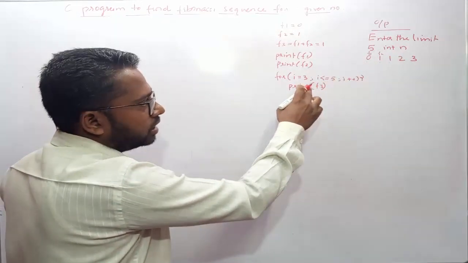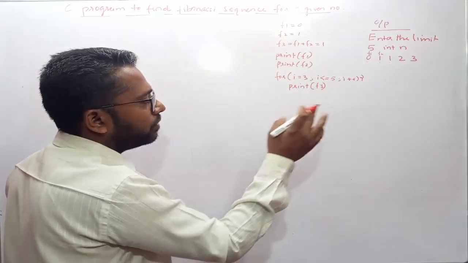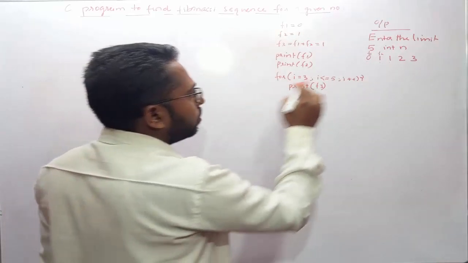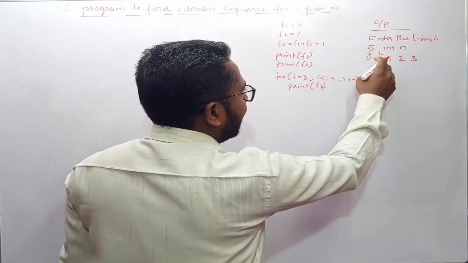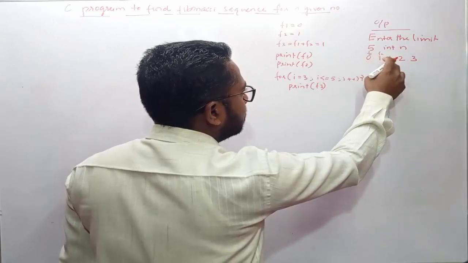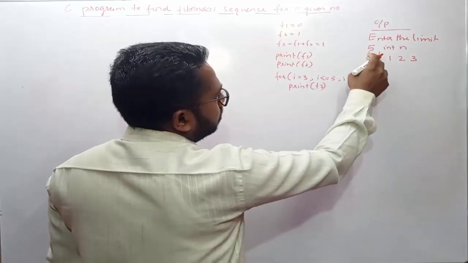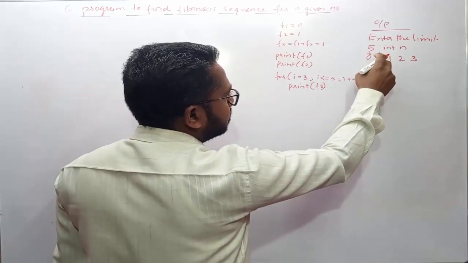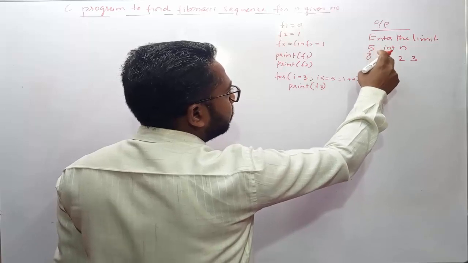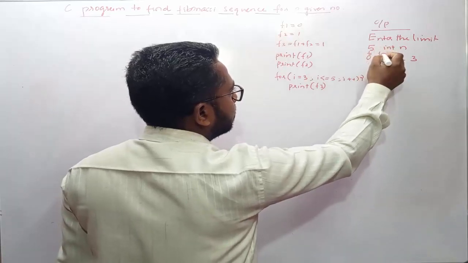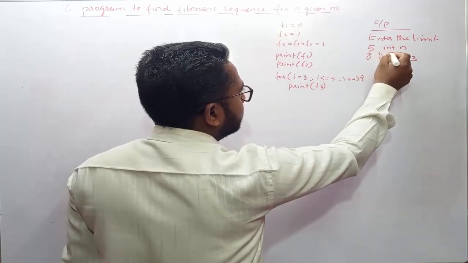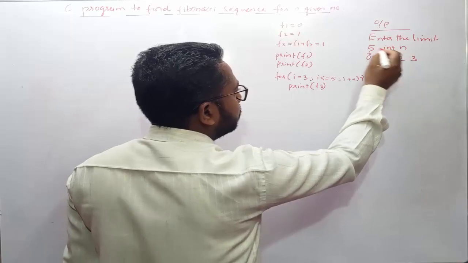Now I need to find the new f1, new f2 and new f3. As you can see here, if we add the second and third values, we will get the fourth value, which is 2. So what I will do is I will change this value to f1, and I will mark this as f2.